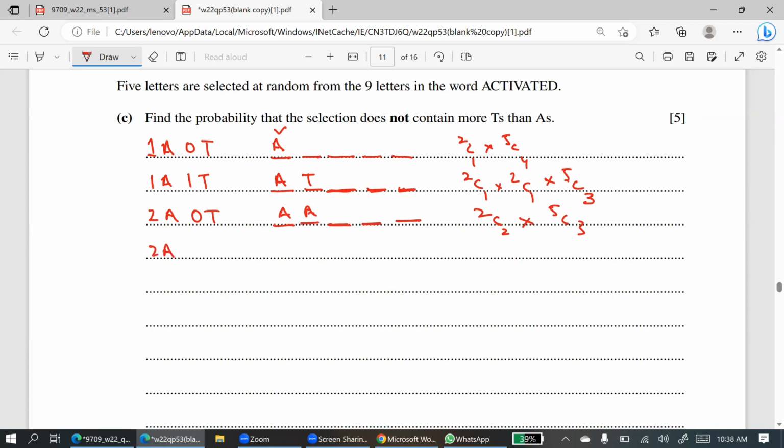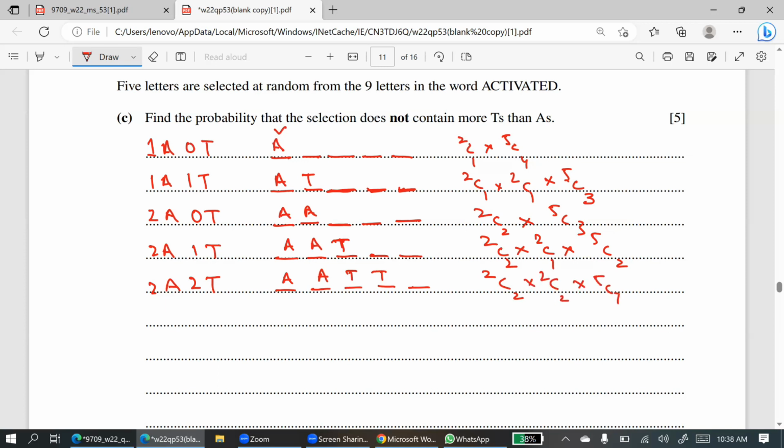Now 2A's 1T. There are 2 more positions to fill. For 2A's 2C2, for 1T 2C1, for the 2 empty spaces we have 5C2. 2A's 2T's. 2C2 for 2A's, 2C2 for 2T's, and 5C1 for the remaining space.